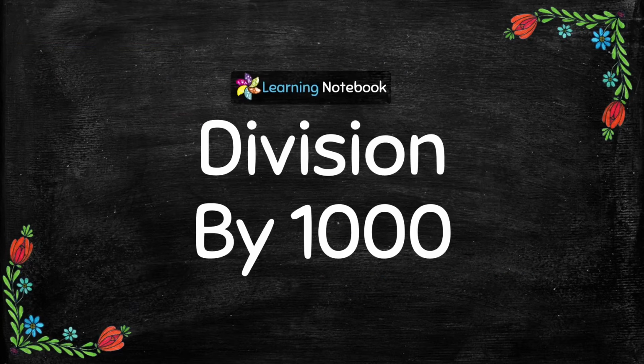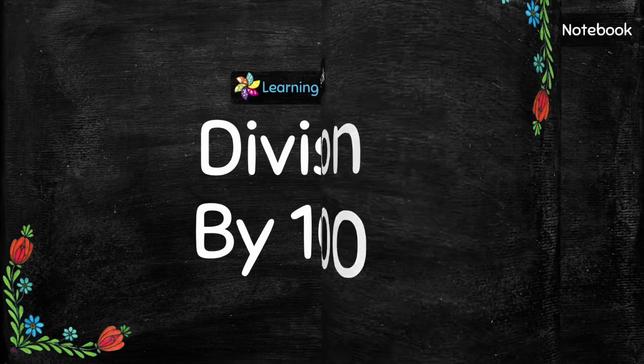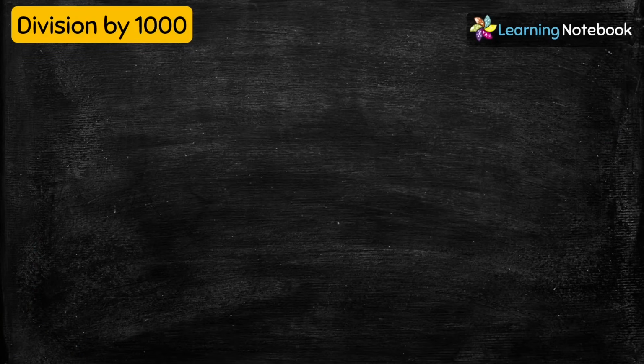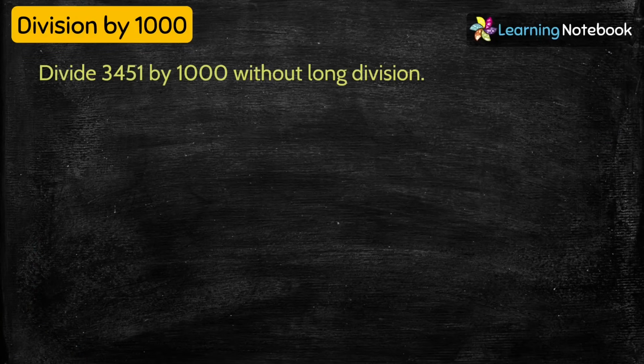Now we will do division by 1000. Question is, divide 3451 by 1000 without long division. Now here 1000 has 3 zeros.